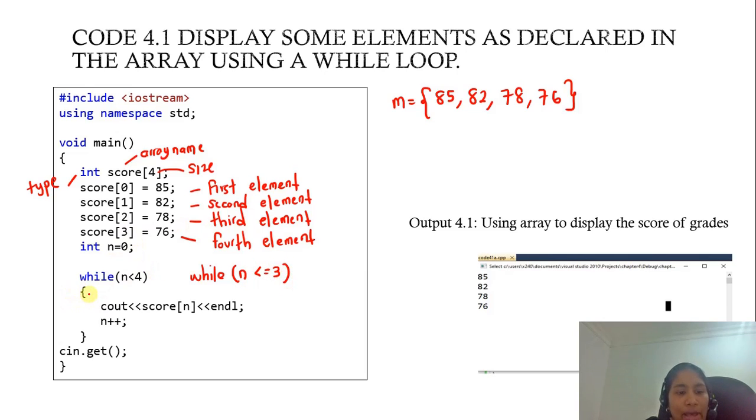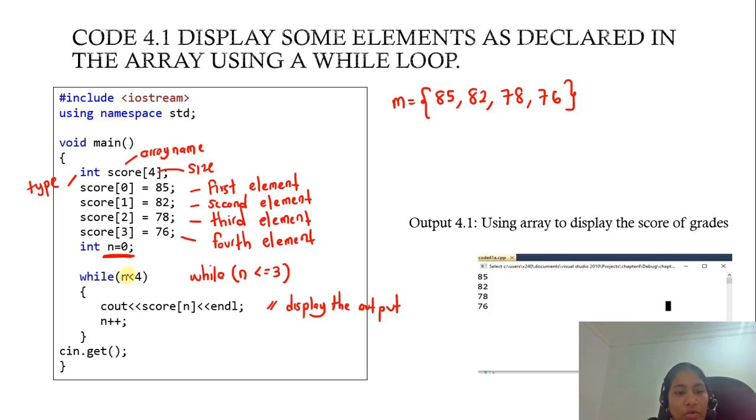And then you need to have the open and close curly brackets. Cout, this is to display the output. So what we have, score n. Start with initial n as 0. It's an integer, so the type is integer.